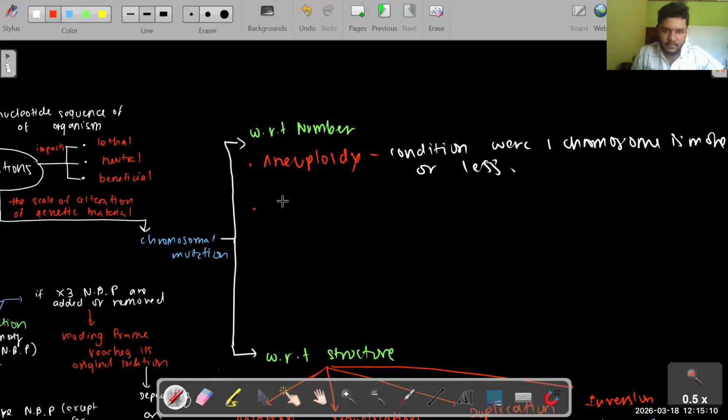And then we came across another word called non-disjunction. Before non-disjunction, aneuploidies take place due to what? Why does aneuploidy take place? Aneuploidy takes place due to errors in meiosis, right? Then we came across the second word called non-disjunction.